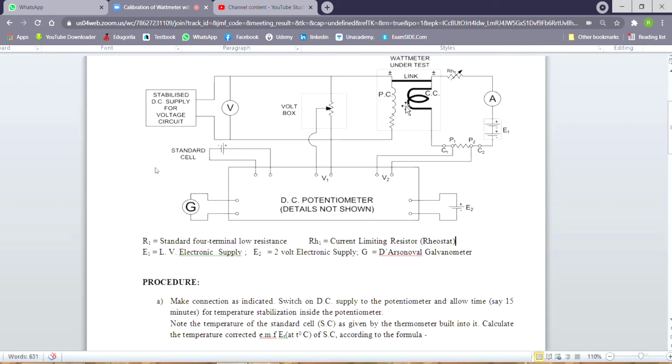So under the direct loading condition, the link is automatically there, always, whether we want it or not. But in the phantom loading arrangement, we have the freedom to either connect the link or disconnect it. So all our readings will be taken accordingly, with link or without link, and we want to investigate what will happen under these two conditions.